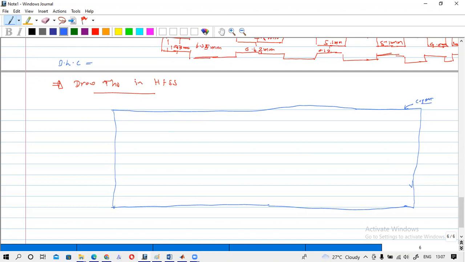Then you can draw another rectangle box here.